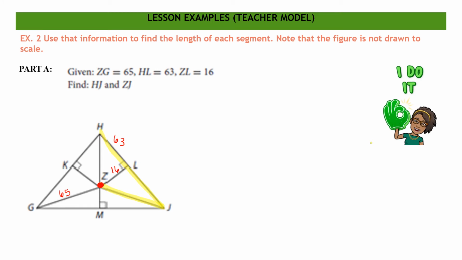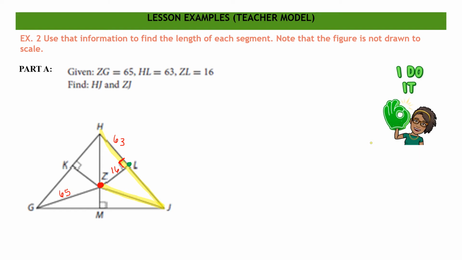Let's start out with HJ first. Z to L is the perpendicular bisector of side HJ. We know it's perpendicular because we have this sign indicated here that a 90-degree angle is created between the 2 segments. If that is true, we know that L here is the midpoint of HJ. If L is the midpoint of HJ, that means that HL and JL are equally distant from the midpoint.